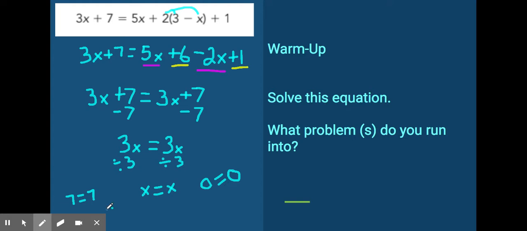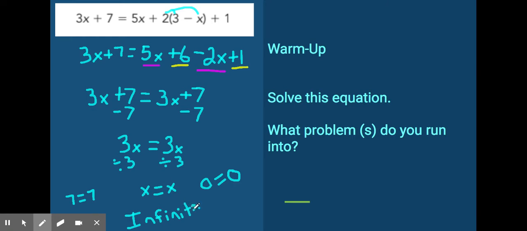The reason being is because when this happens and we get two constants, which is what these are called, x and x, 7, 7, 0, 0, those are called constants. When we get two constants that equal each other, that is called a situation with infinite solutions.